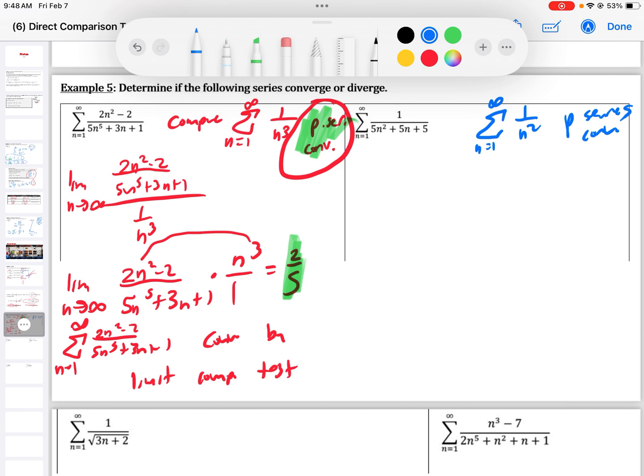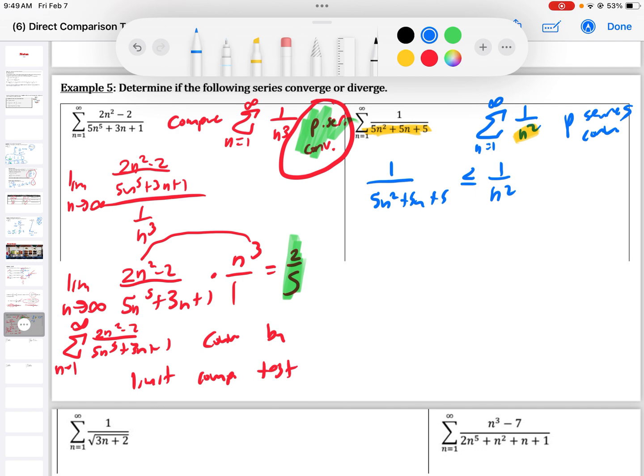And I could say pretty easily that this denominator is going to be bigger than this denominator every single time because I'm multiplying the n squared by 5, and then I'm adding things to that, right? And n is always going to be positive in this case, 1 and greater. So I'm going to say 1 over 5n squared plus 5n plus 5 is less than or equal to 1 over n squared.